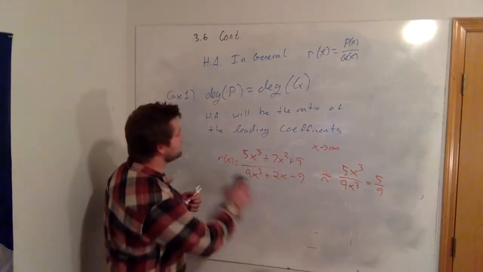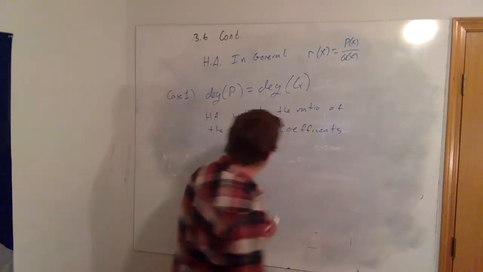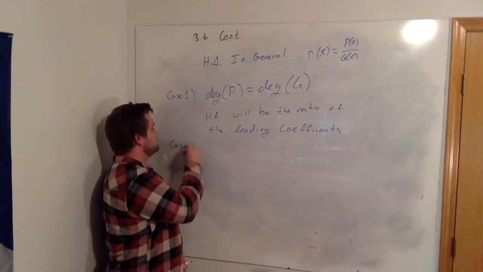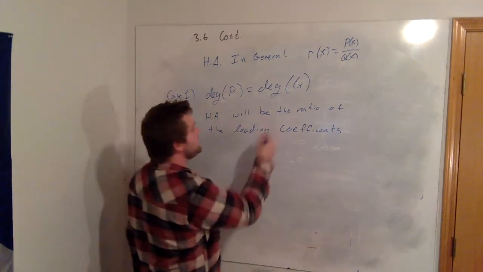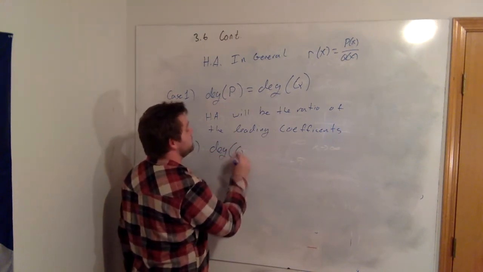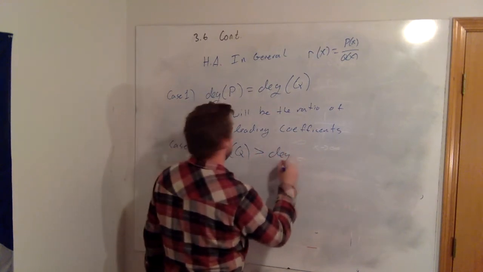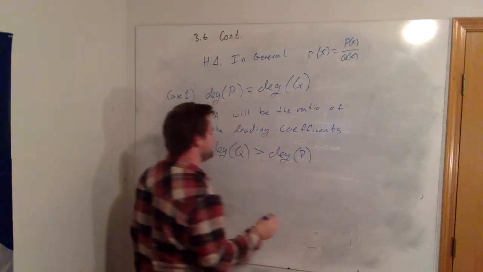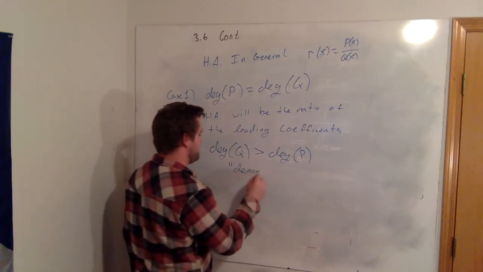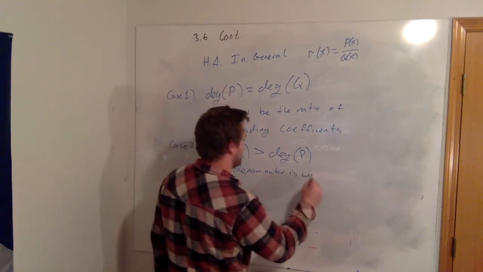What about another case? What happens if the numerator and denominator have different degrees? Case 2. Let's say that the degree of the denominator is larger than the degree of the numerator. So in this case, the denominator is winning the war.